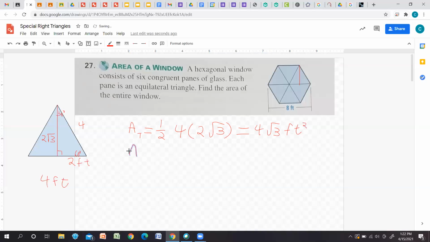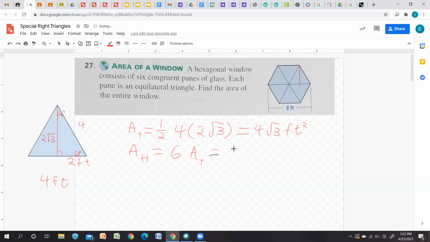So the area of the hexagon, I'll put H here for hexagon, is 6 times, right? 1, 2, 3, 4, 5, 6, the area of the triangle. You use a subscript sometimes, okay?